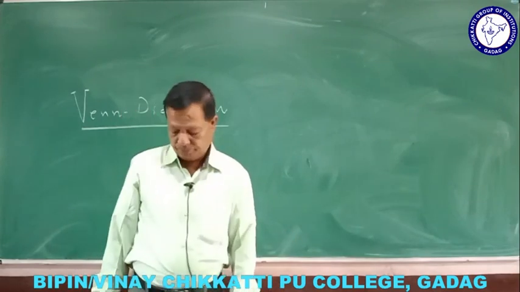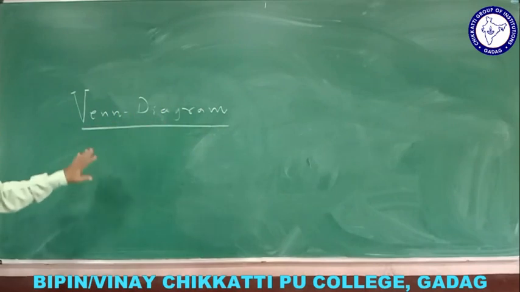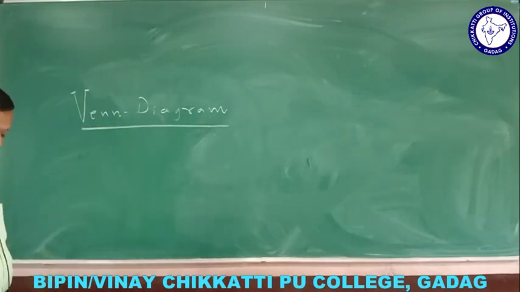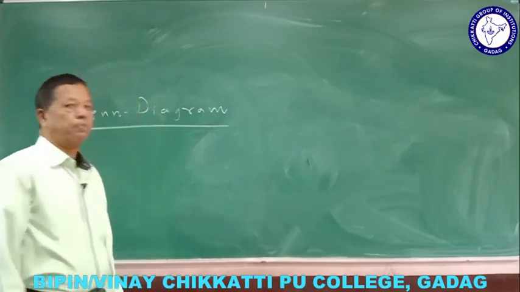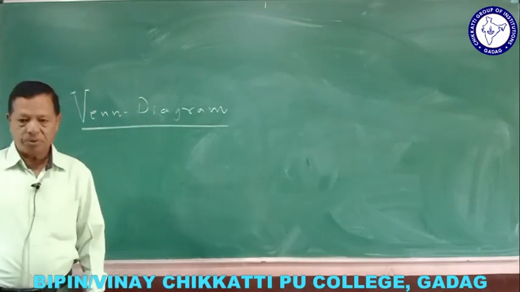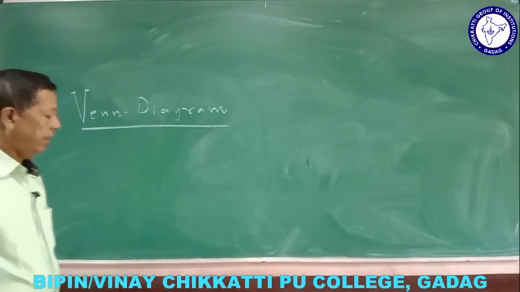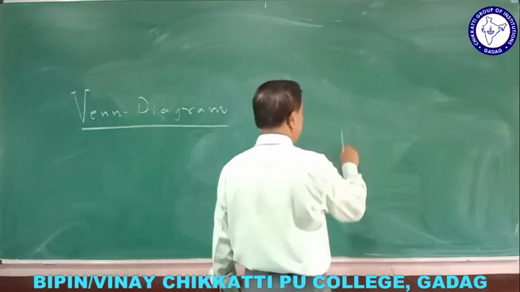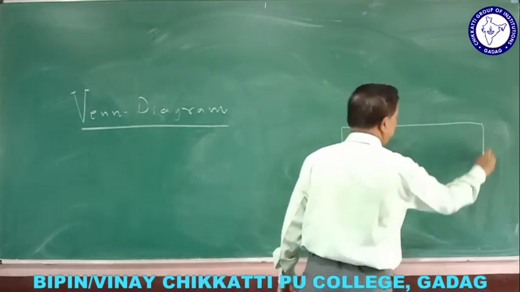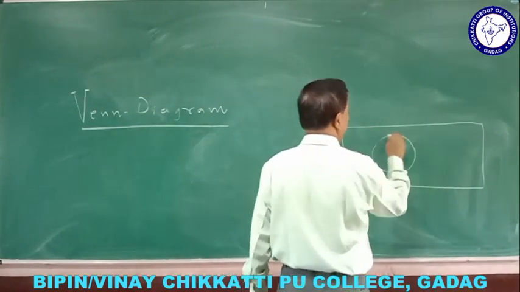As you know, the relationships between the sets are represented by diagrams. Those diagrams are called Venn diagrams, you can say. And a Venn diagram consists of a rectangle, see, this is a rectangle, and closed curves like circles.